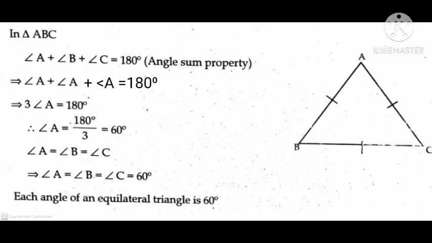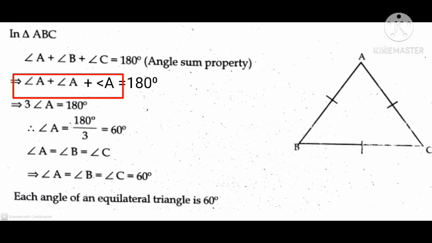In triangle ABC, angle A plus angle B plus angle C is equal to 180 degrees, since angle sum property. That implies angle A plus, instead of angle B and angle C, we can write angle A plus angle A, that is equal to 180 degrees. Add the like terms on the left side.